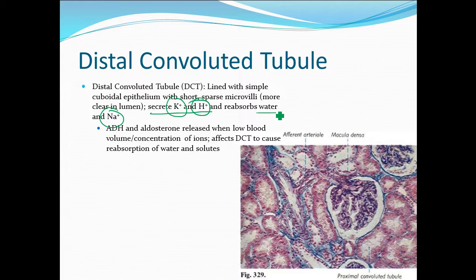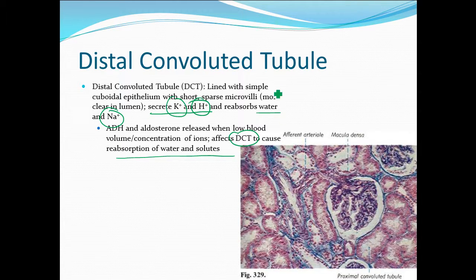Reabsorbs water. Okay, good. Aldosterone, on the other hand, what does it reabsorb again? Sodium ions. If it reabsorbs sodium ions, what's going to follow? Water is going to follow. So in some essence, water reabsorption as well. So it does affect the distal convoluted tubule to cause reabsorption of water and solutes.